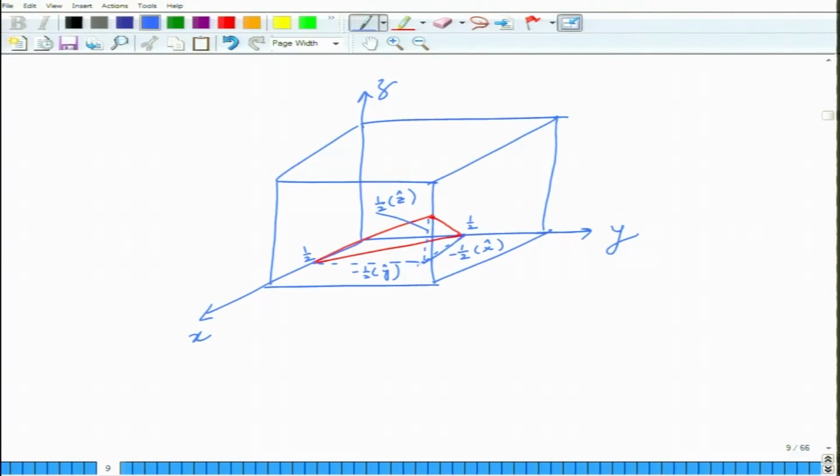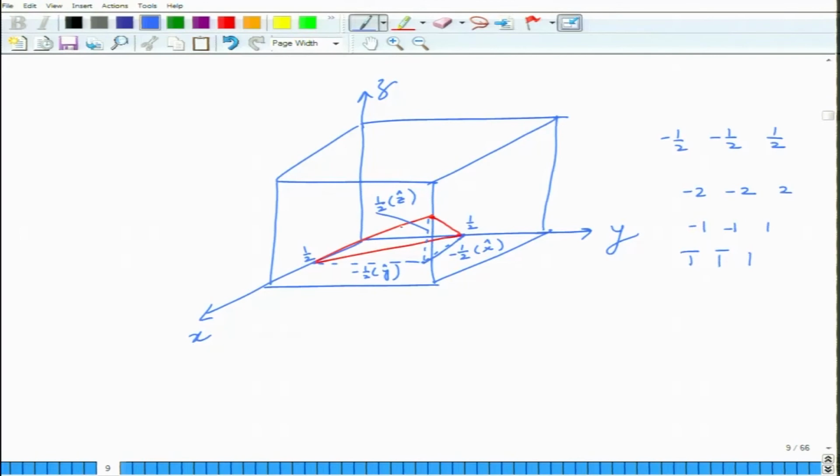From this you can work out that this plane is minus half, minus half and plus half. If you take the reciprocal, this becomes minus 2, minus 2, plus 2, which is nothing but minus 1, 1. So, this is nothing but 1 bar 1 1.